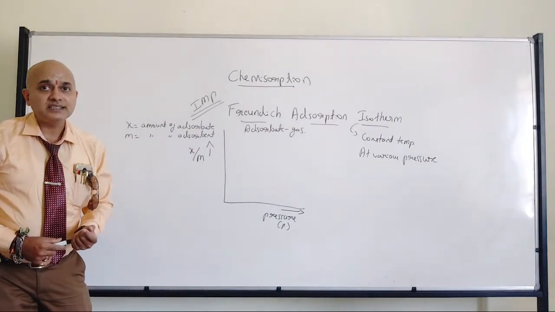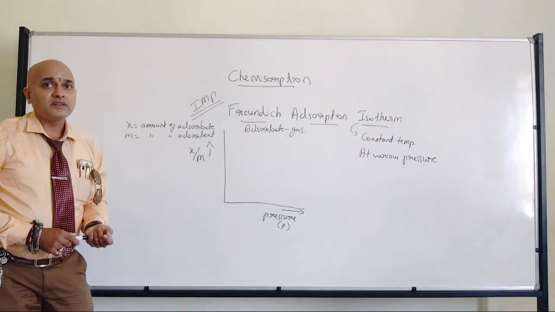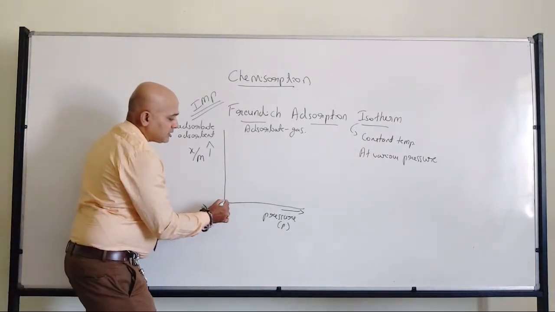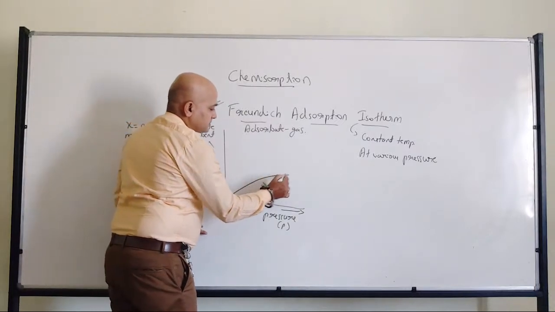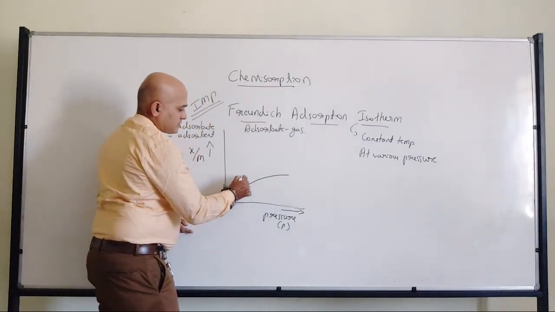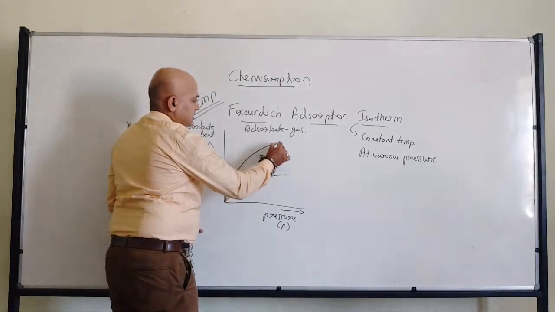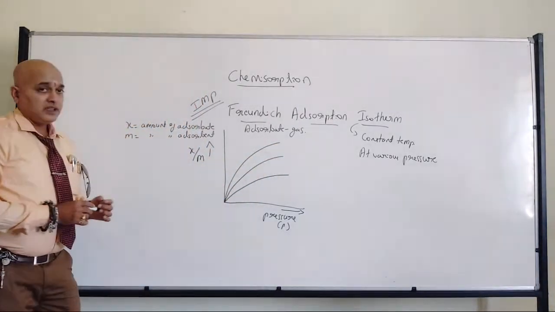Any doubts in this regard? Okay? So in that way, I am going to have the curve like this. As there is in the textbook, the same way I am writing.